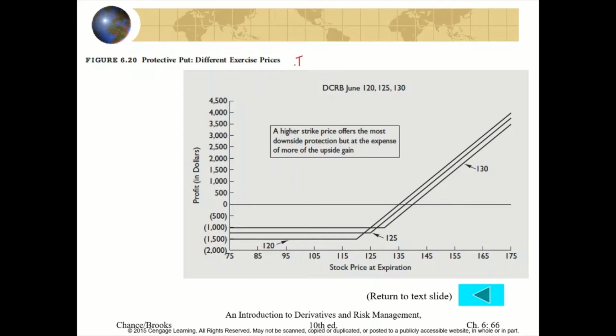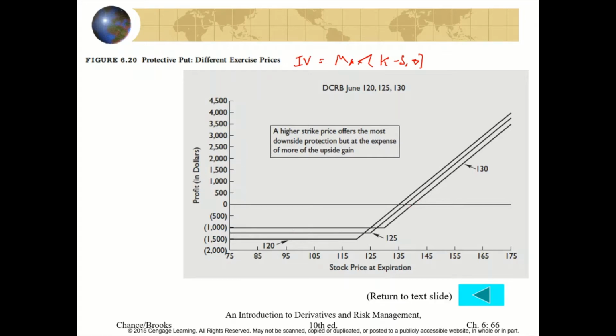The intrinsic value for the put option is the maximum of K minus S0 and zero. So if we increase K, we will increase the intrinsic value, and if we increase the intrinsic value, the price of the put option will increase. What does this mean? It means that for a protective put, the highest strike price will result in the lowest loss.